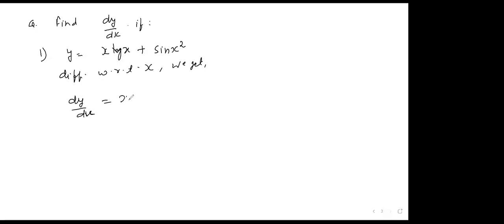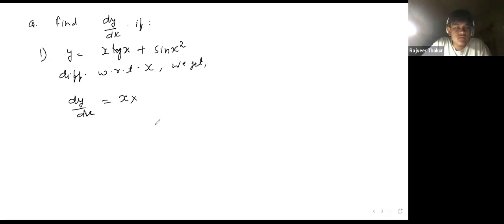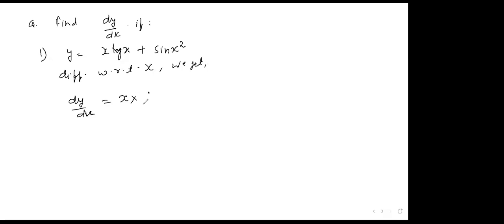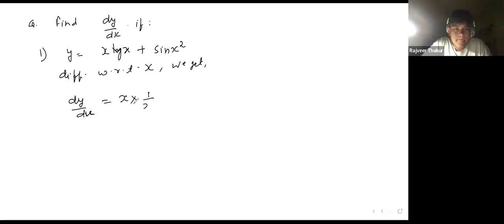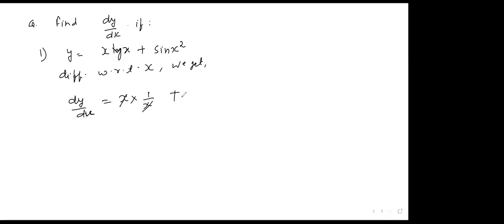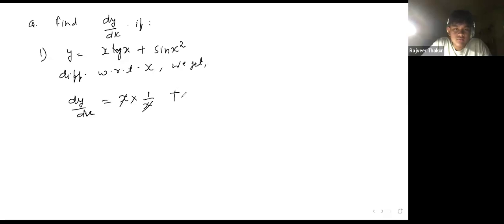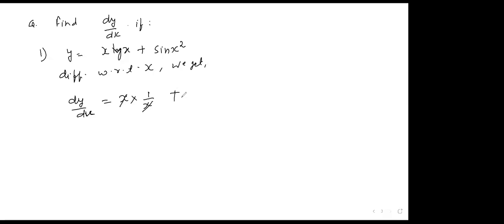x into the derivative of log x. What is the derivative of log x? It's 1 over x. Okay, so this x will be cancelled out. Plus the derivative of sin x. Derivative of sin x is cos x.